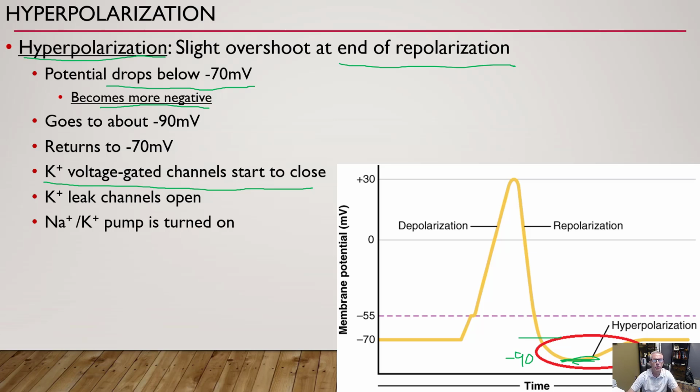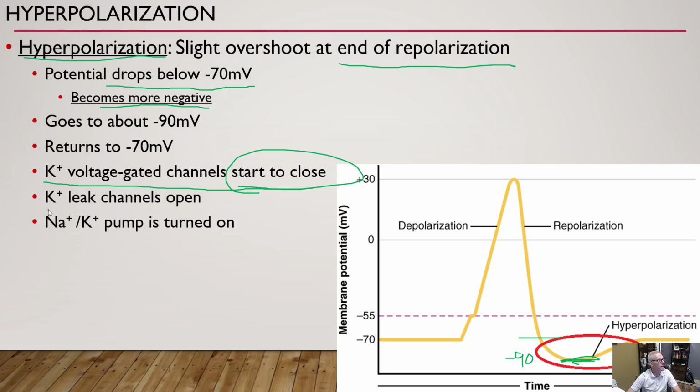All right, so sometime during this period in hyperpolarization, we start to close our potassium voltage gated channels because essentially we're almost done with the electrical portion of our action potential.